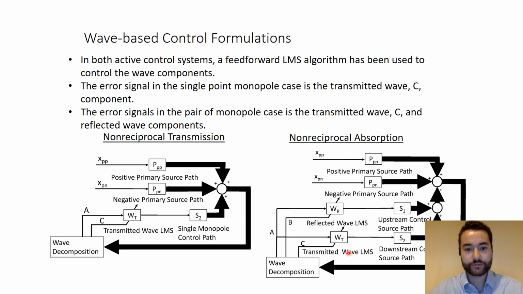However, in this case, you have two single-channel LMS algorithms, where one calculates the optimal control source voltage for the downstream control source to minimize the transmitted wave, and the other one is a reflected wave LMS algorithm, which is used to drive the upstream facing control source to minimize the reflected wave B.